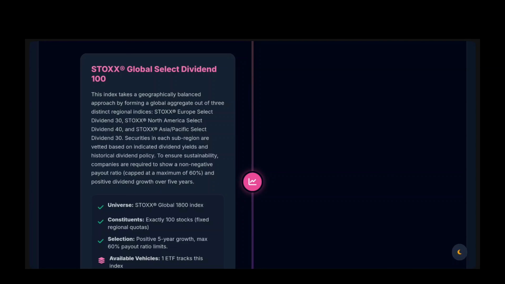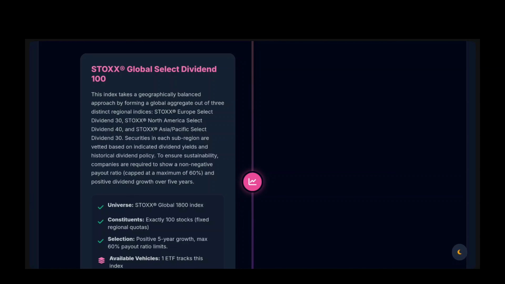Securities in each sub-region are vetted based on indicative dividend yields and historical dividend policy to ensure sustainability. Companies are required to show a non-negative payout ratio capped at a maximum of 60% and a positive dividend growth over 5 years.